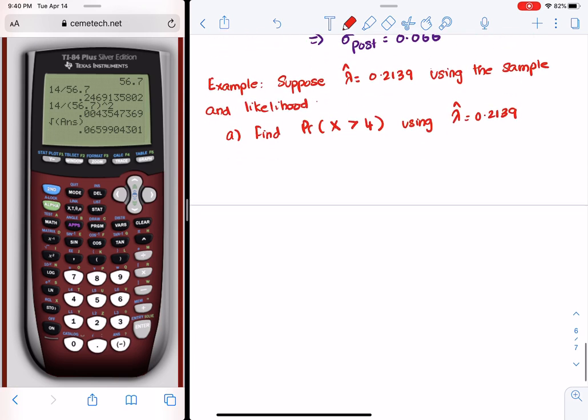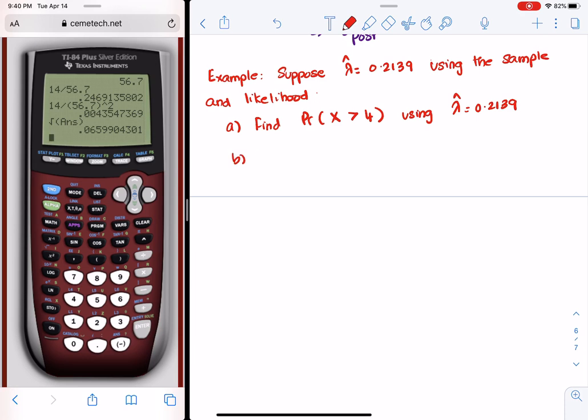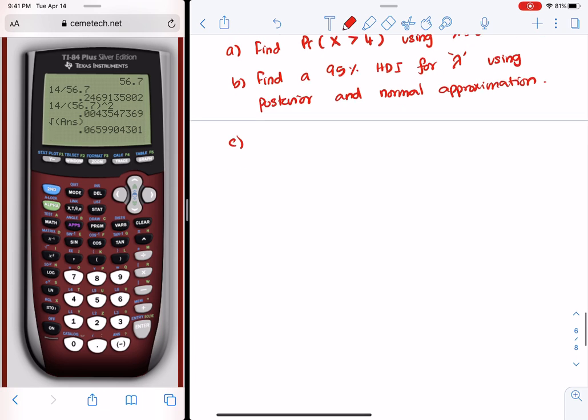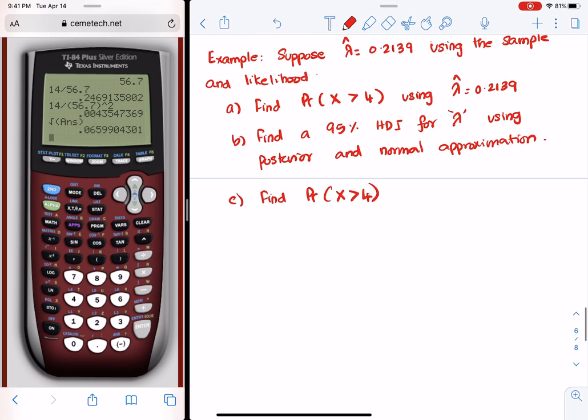And we want to find a 95% HDI for lambda using the posterior and normal approximation. And lastly, we're going to answer another important question: find the probability of x greater than 4. In other words, what are the chances that it is going to last for more than 4 years?